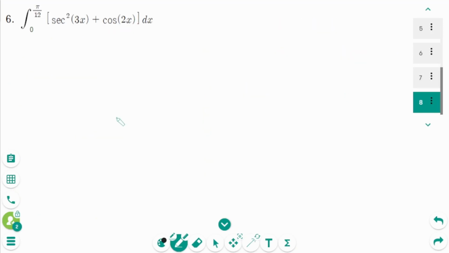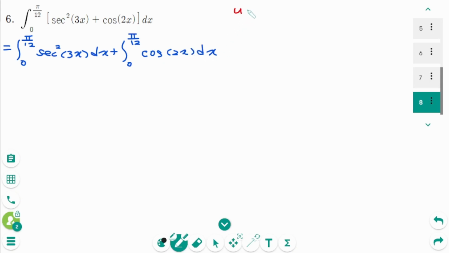Question 6. Use the substitution method first. Separate the integral from 0 to pi over 12 of secant squared 3x dx plus the integral from 0 to pi over 12 of cosine 2x dx.